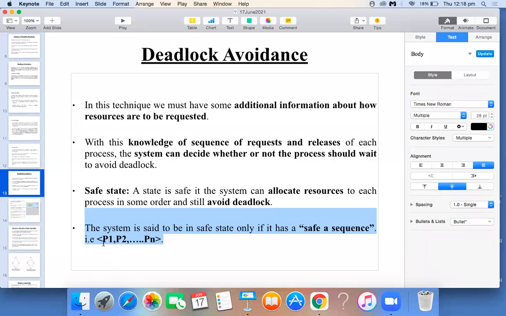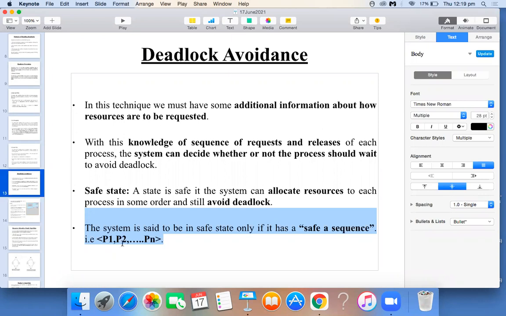You can see within the angular brackets I have written here: P1, P2, P3, P4, and so on up to Pn. It means this is the order in which the processes have completed their execution and released the resources. First, P1 has completed the execution, so it has released the resources.